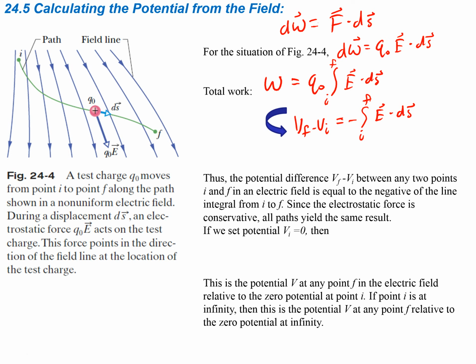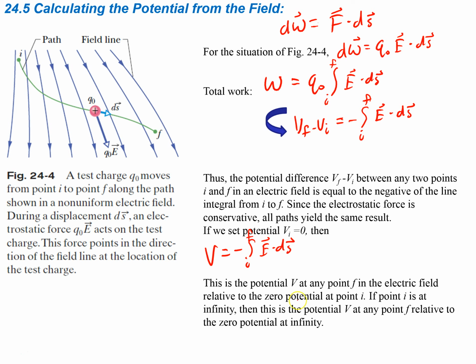Thus the potential difference, Vf minus Vi, between any 2 points I and F in an electric field is equal to the negative of the line integral from I to F along the electric field. Since the electrostatic force is conservative, all paths yield the same result. So if we set the potential Vi equal to 0, which is our reference point at infinity, then the voltage is just equal to minus the integral from I to F of E dot ds.